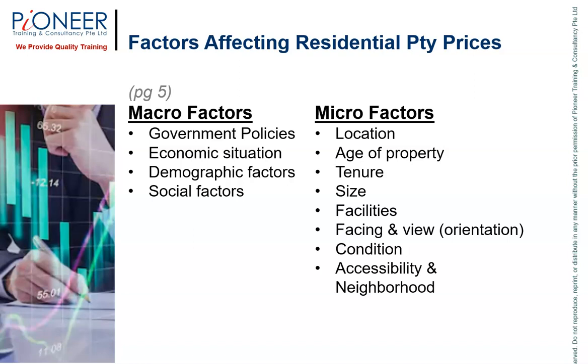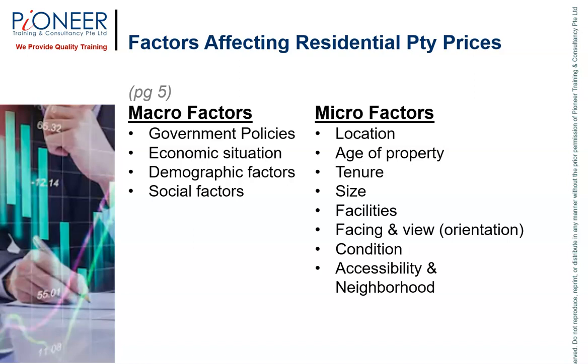Now we look at the micro factors. The micro factors are specific to the project itself or the development itself, whereas the macro factors affect everyone. Generally, the prices go up or generally the prices go down.